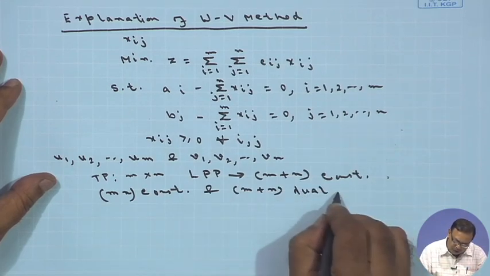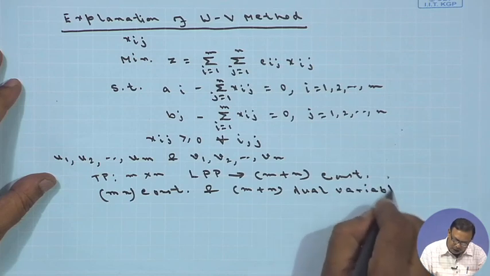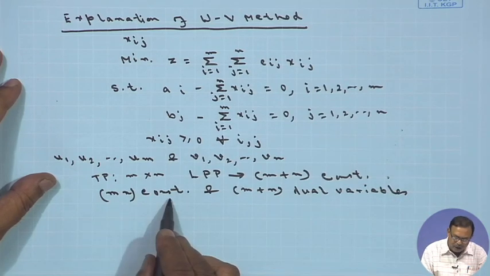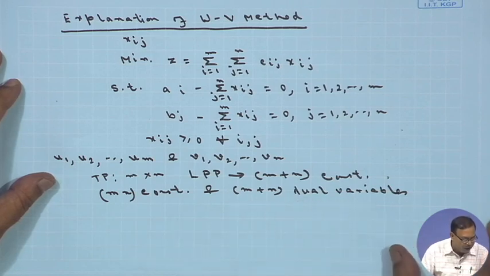So, you are reducing the size. Whenever I take the dual, it will have mn constraints and m plus n dual variables.